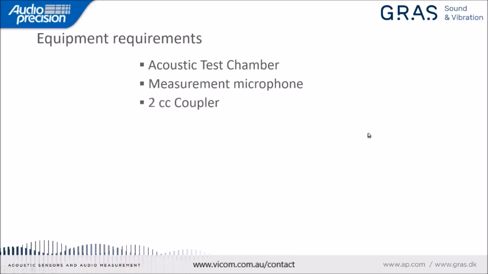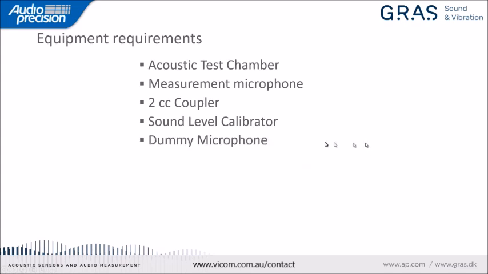A 2cc coupler, which is specified by both of the production test standards, and for the R&D standard, Part 0, you have the option of using an ear simulator if you prefer. We also need a sound level calibrator, and we'll talk about that in a minute. Dummy microphone, again, we'll talk about that in one of the upcoming slides.